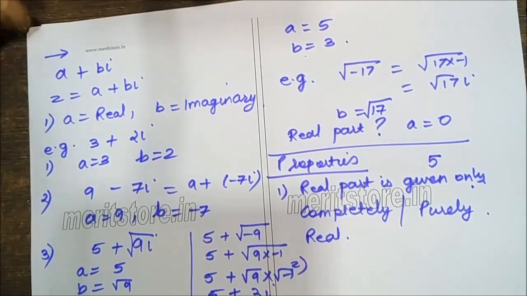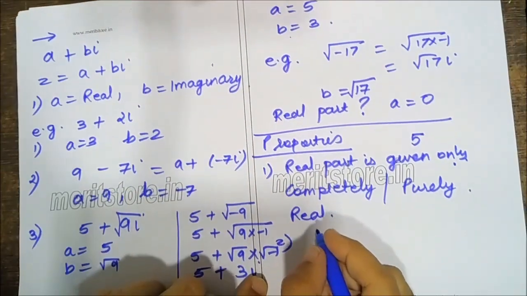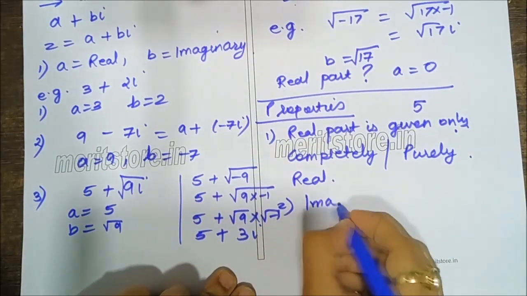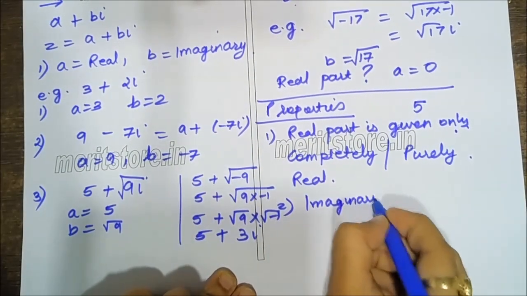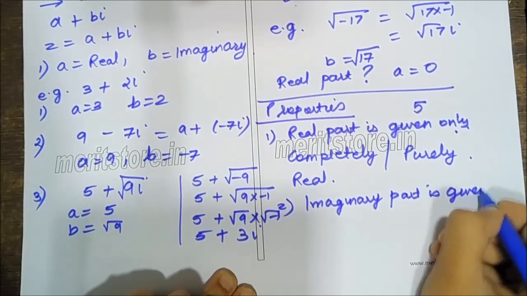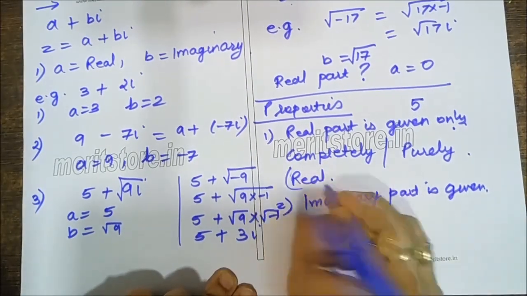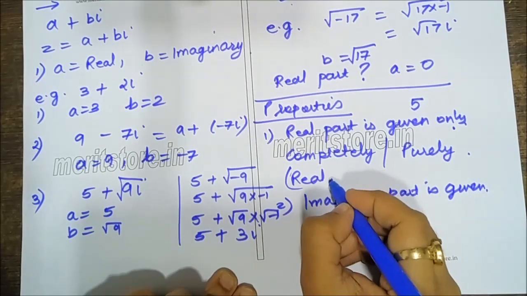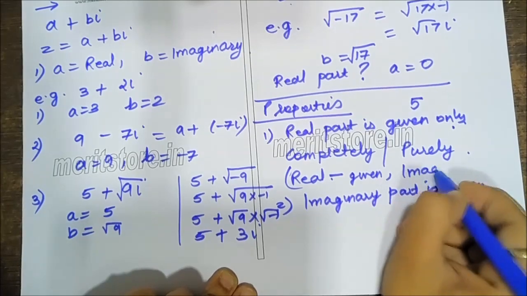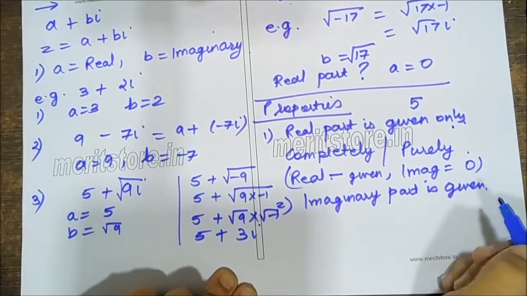And when imaginary part is given, so your real part is given and your imaginary is not given, so imaginary is 0.